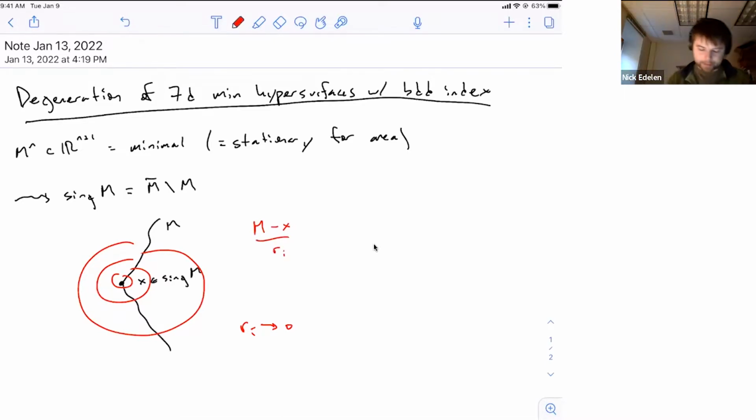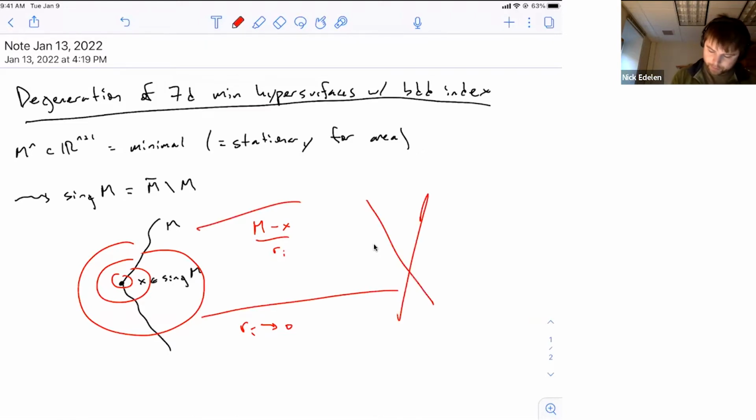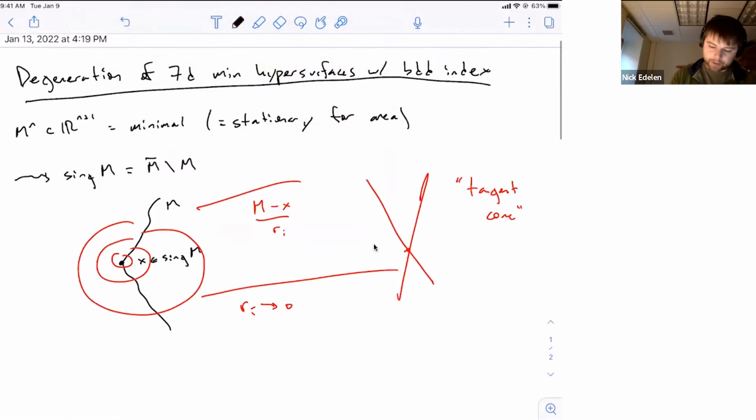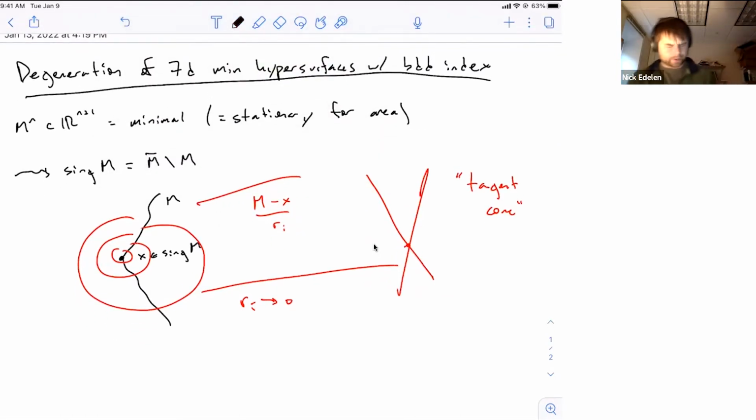So you translate and dilate, and what you're going to get in the limit is some dilation invariant minimal surface called the tangent cone. And so singularities are modeled on cones.